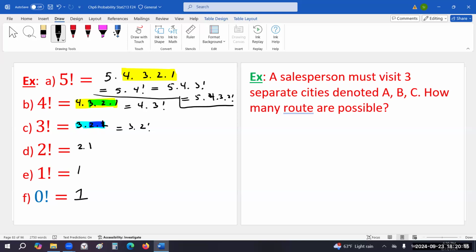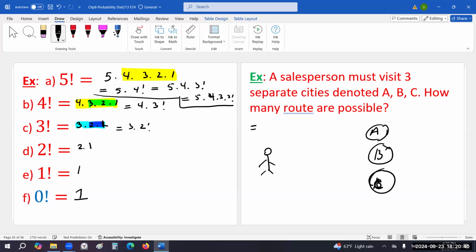How many possible routes does he have? So this is the salesperson, and he has city A, city B, city C to go to. How many ways can he visit all 3 cities, Ryan?